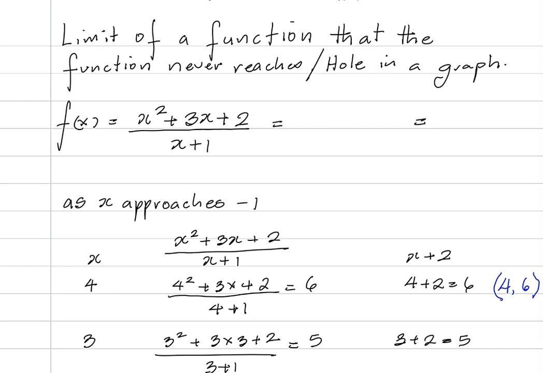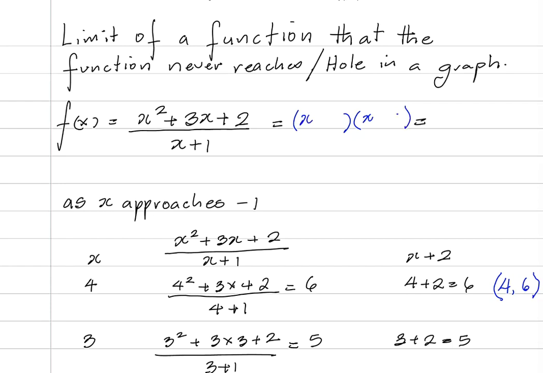All right, let's look at the function f of x, which is equal to x squared plus 3x plus 2 over x plus 1. The first thing we can do is factorize the top. We're going to have x here and x here, because x times x is x squared.